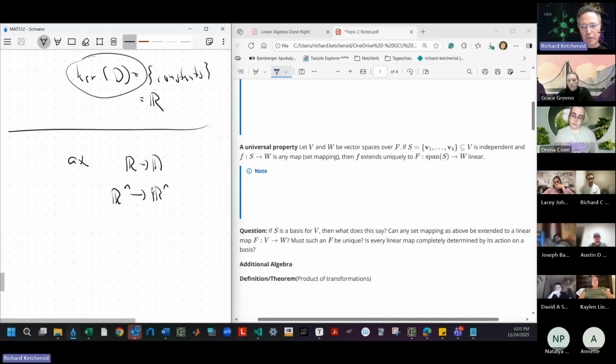What plays the role of multiplying by a single number? Could it be the identity operator? Well, if these were different, it couldn't be the identity.